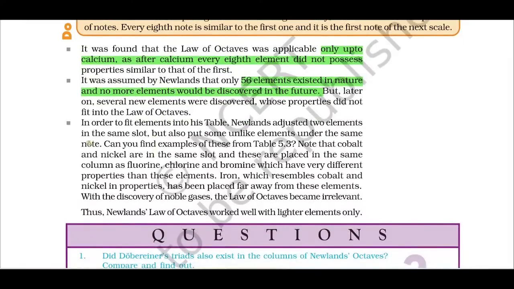To fit the elements, Newland adjusted 2 elements in the same slot, which was not useful. An example was cobalt and nickel in the same slot.